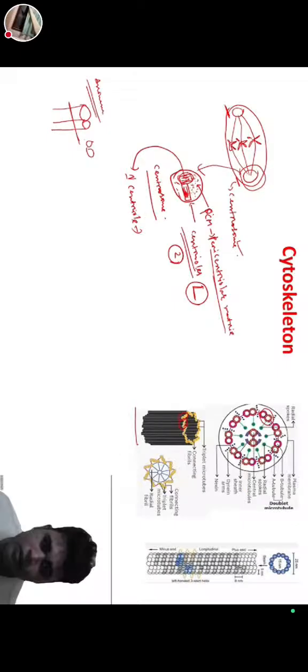So that means in the axoneme, two structures are present like this here. For example, this structure means one tube, and it is joined to another tube. If we take a cross section, it looks like this. So here, three tubes are joined to each other: 1, 2, 3.